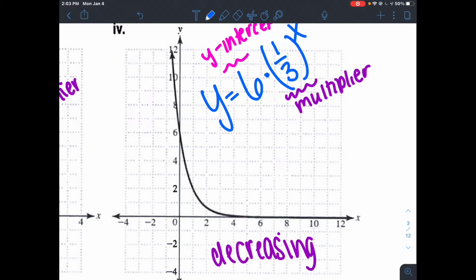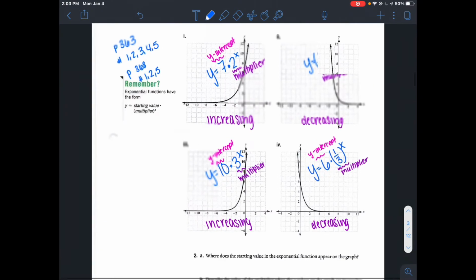This function is decreasing. So for all of these ones, I think the easiest thing to identify is the y-intercept because they all happened at nice whole number points. A little bit harder to see the multiplier, especially with such a small graph. It's hard to see, oh, I'm multiplying by 3 here, or I'm dividing by 3 here. So definitely look at the y-intercept first. I think that's going to be the easiest route, especially for these problems here.